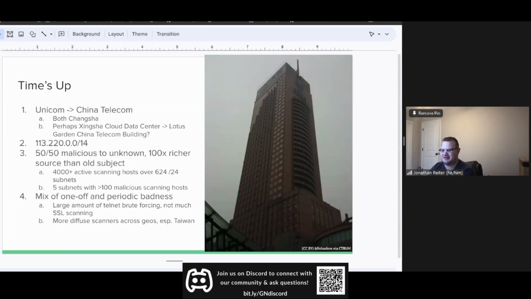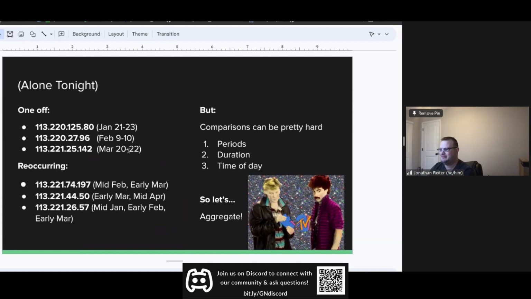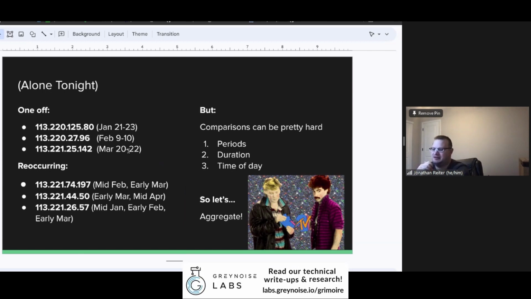So, given this subject, how do we analyze this? How can we look at timelines? I want to say there are two simple ways to go about this, just by using the UX, or the UI, which I found useful. One is to look at one-off behaviors.